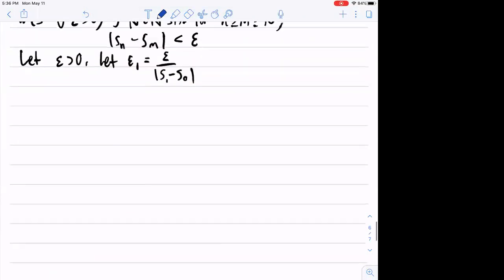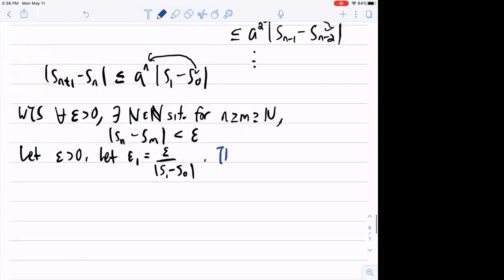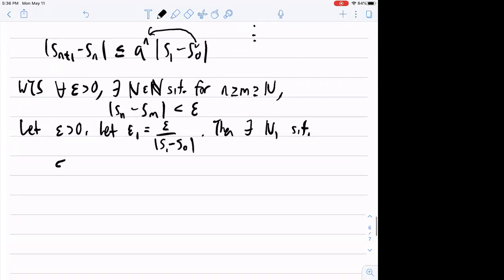So we have that, then there exists n1 such that the sum from k equals n1 to infinity of a to the k is less than epsilon over this, because this is what I get from the geometric series converging.